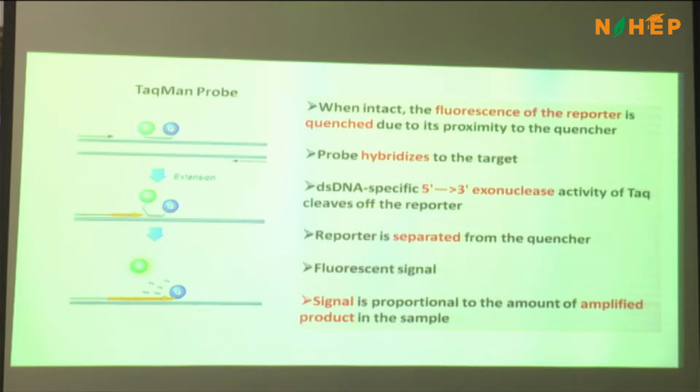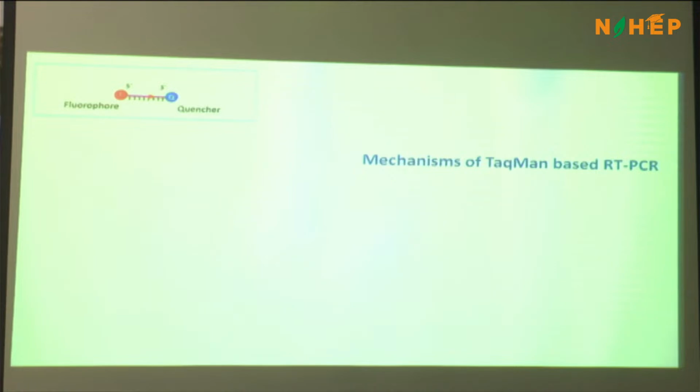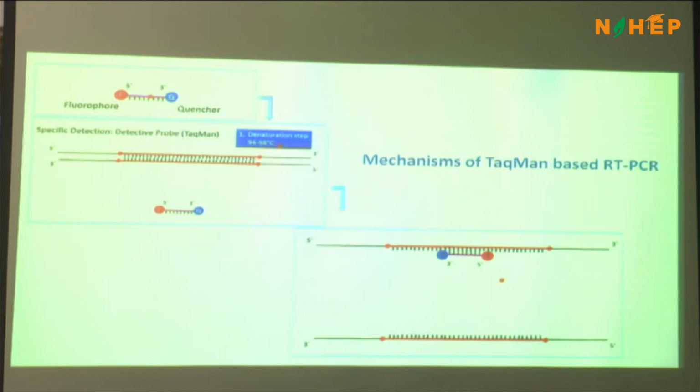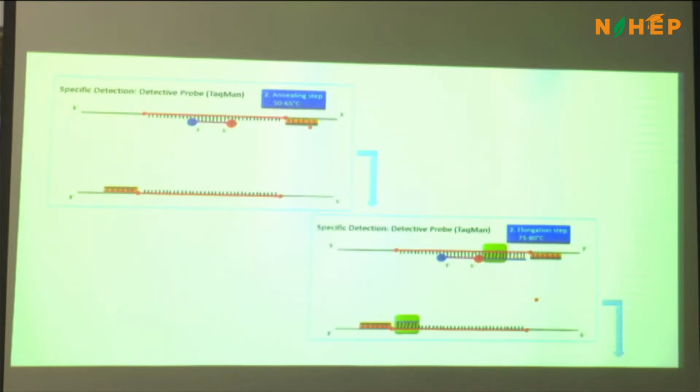Yeah, this is how it is. The cartoon I already put yesterday. This is a cartoon, fluorophore and quencher. What happens is it goes and binds to the complementary sequences in the template, carrying the reporter and quencher. In the first step, it is getting segregated into two, and the Taq enzyme is going to come into play.